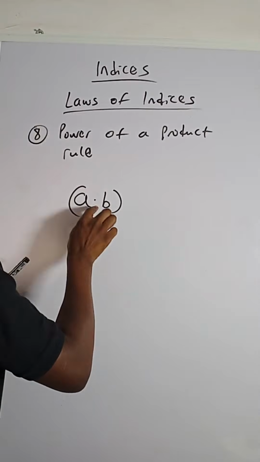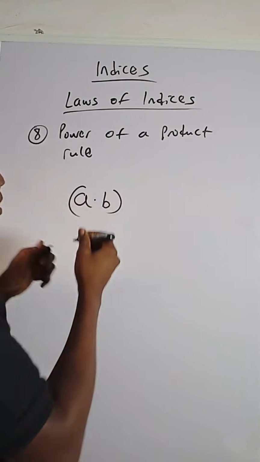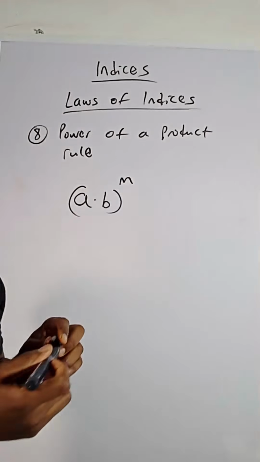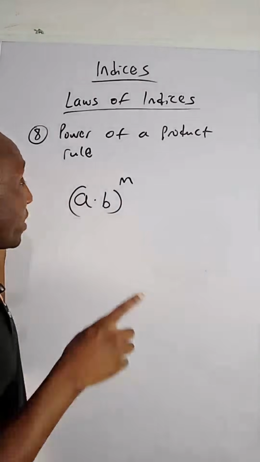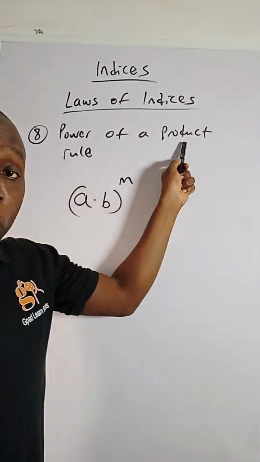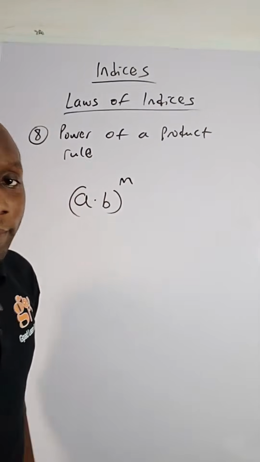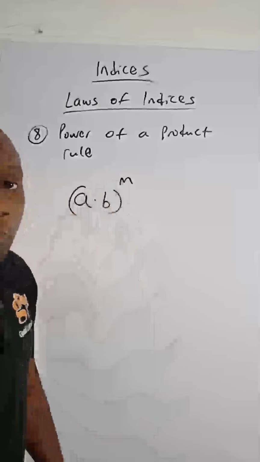So let's say you have M here as the power. Do you know that because of this bracket, this M can be distributed to A and B? This is what we call the power of a product. Where is the product? AB.